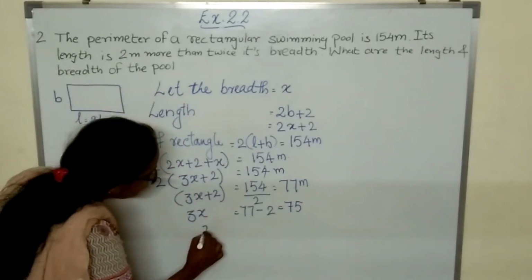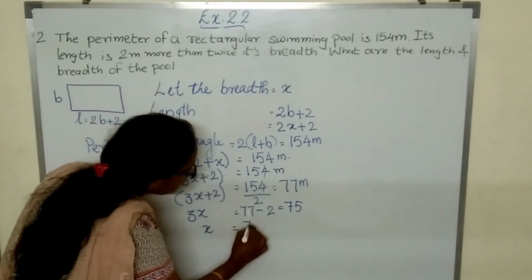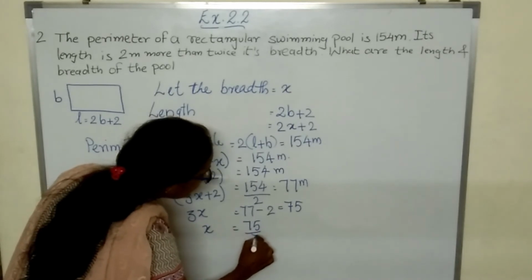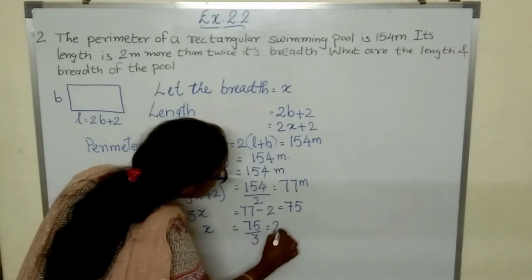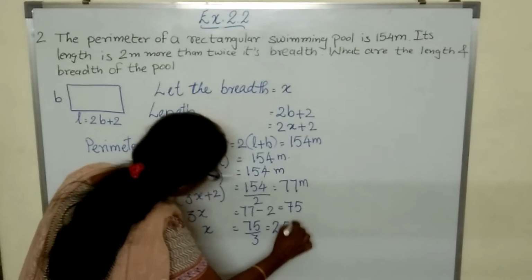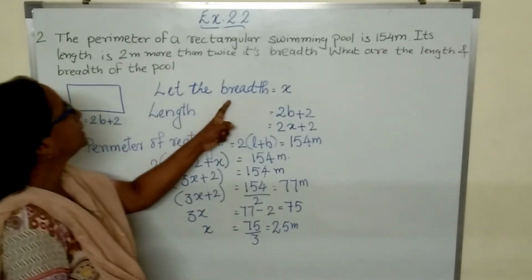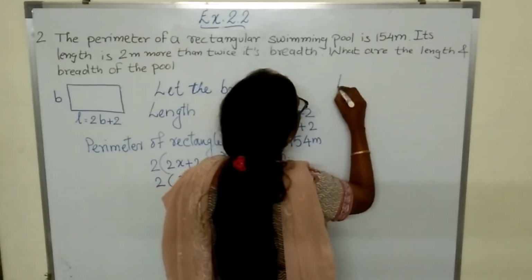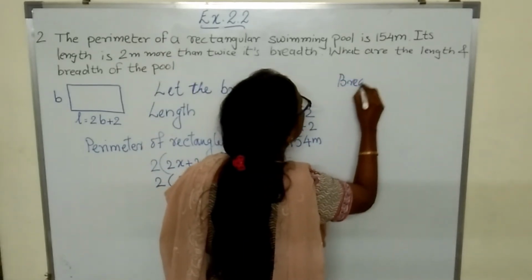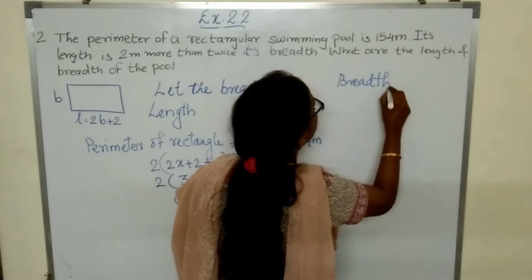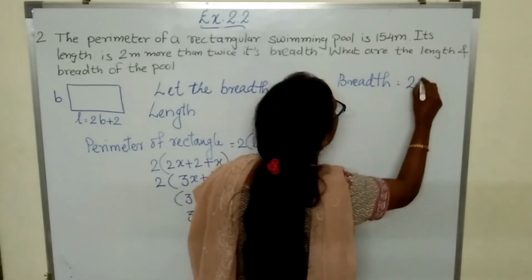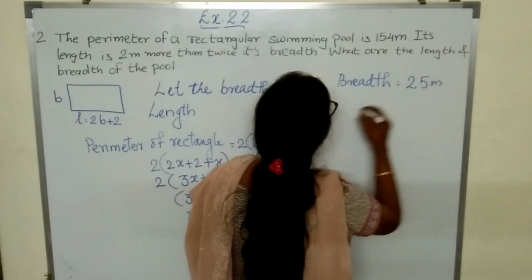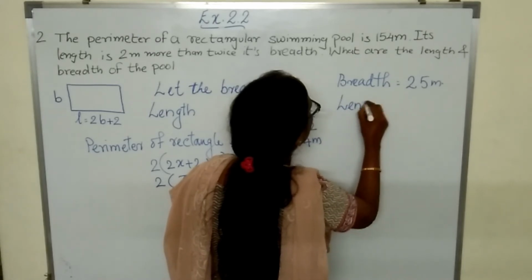From that, find out the value of x. 75 divided by 3 is equal to 25 meter. So what is x? The breadth of the pool. So breadth is equal to 25 meter.